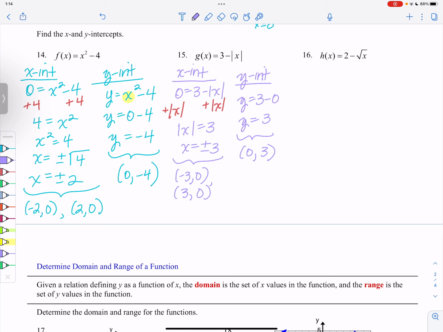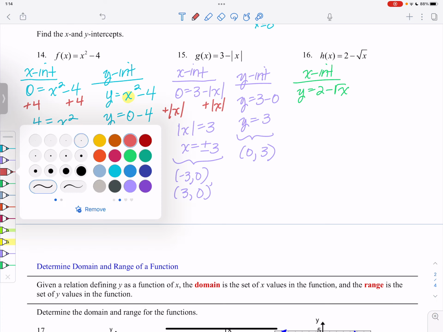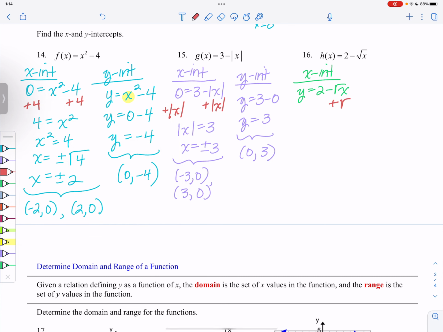Okay, let's give this last one a try. So we have an x-intercept. We're going to let y be 0. So we're going to add root x to both sides.